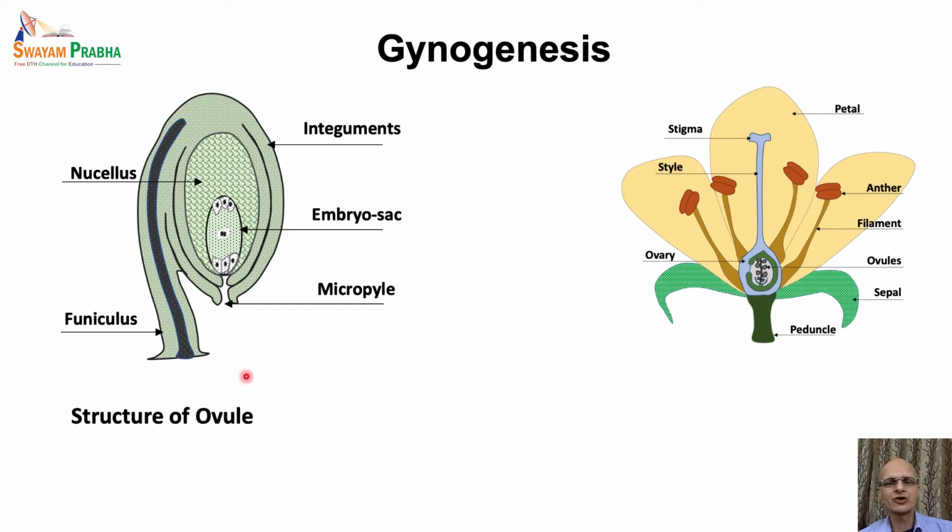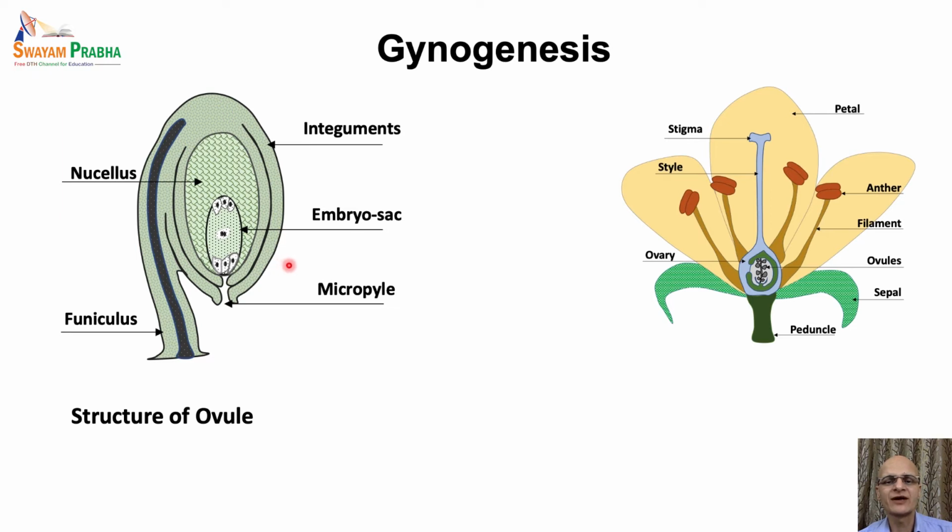A mature ovule consists of two parts, usually the funiculus and the body. Funiculus is the structure that connects the body of the ovule with the ovary wall. And this upper part is called the ovule body.